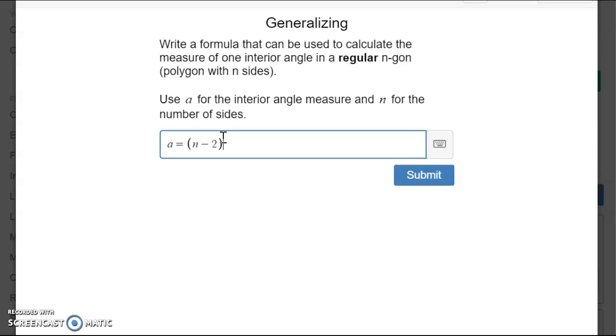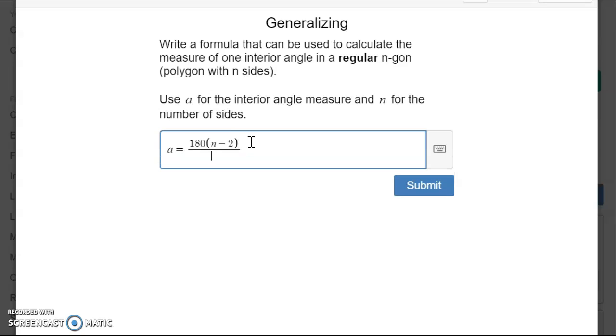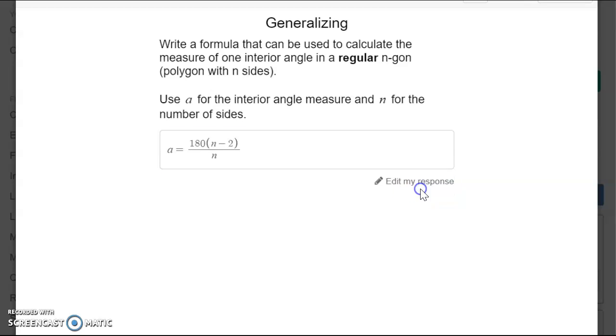That number is the number of triangles it's going to form interiorly, and each triangle adds up to 180 degrees. So that is the formula for the total sum of the interior angles, but we need to divide that by the number of sides, because it's going to have the same number of sides as the number of congruent angles. So I'm going to divide that by n. So I can submit that.